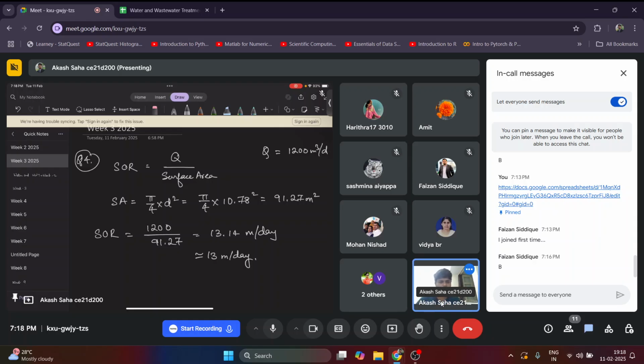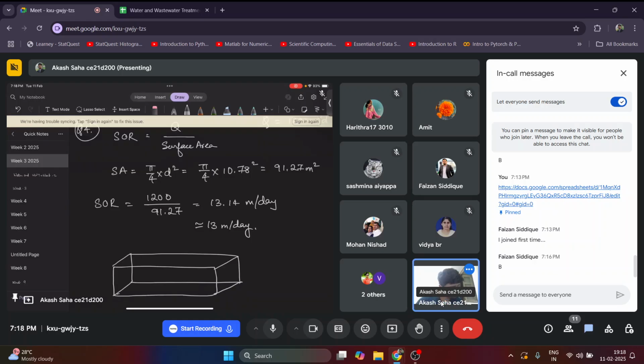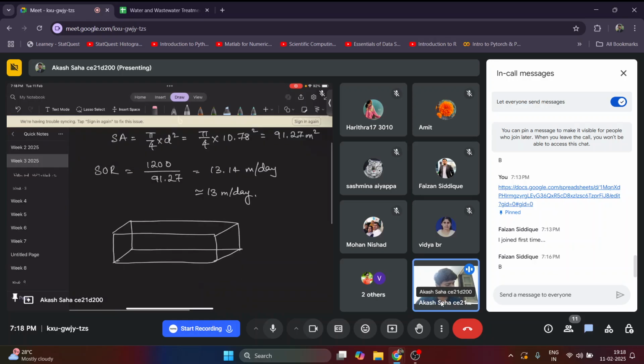Very direct. So always remember, when we are calculating the SOR, suppose this is your tank, I will try to make a 3D picture. Suppose this is your tank in 3D.